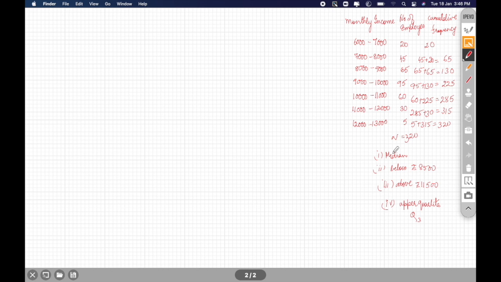Now here, we have to plot the monthly income on the x-axis and the cumulative frequency on the y-axis. So let me draw the x-axis here. Yes, and then I'm drawing the y-axis here.